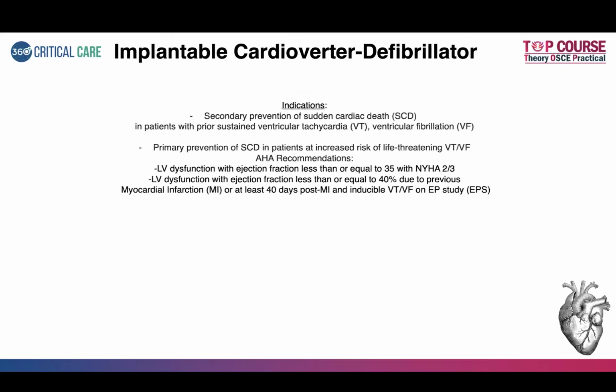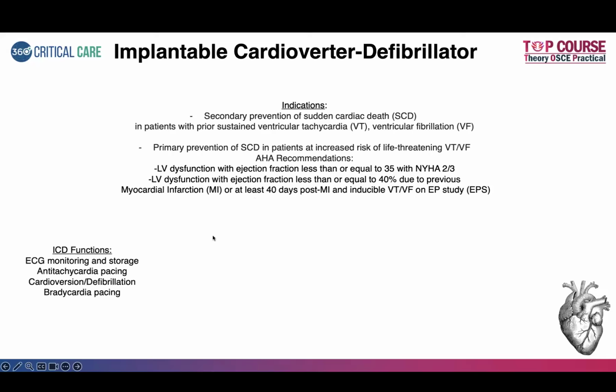The indications are secondary prevention of sudden cardiac death in patients with prior sustained VT or VF, and primary prevention of sudden cardiac death in patients with increased risk of life-threatening VT or VF, that is, patients with diagnosed Brugada syndrome, etc. Whereas in the AHA recommendations, an ICD can be placed in patients with LV dysfunction with EF less than or equal to 35% with NYHA class 2 to 3, or LV dysfunction with ejection fraction less than or equal to 40% with previous MI, at least 40 days post MI, with inducible VT or VF on electrophysiological studies.